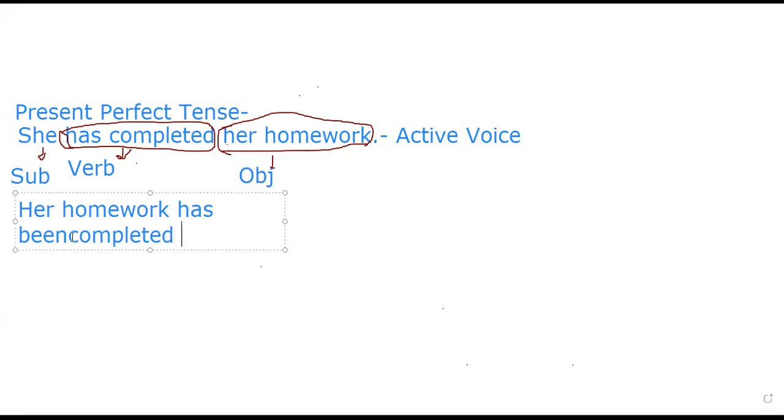And her homework has been completed by her. Now it's passive voice.